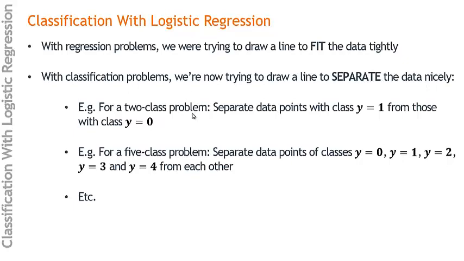For a 2-class problem, this would be a single separating line or curve that distinguishes between the 2 classes. For a multi-class problem with several different possible assigned labels, you would have a more complicated situation where you might not have just one curve, but several curves. And we'll take pictures of this as we go along.